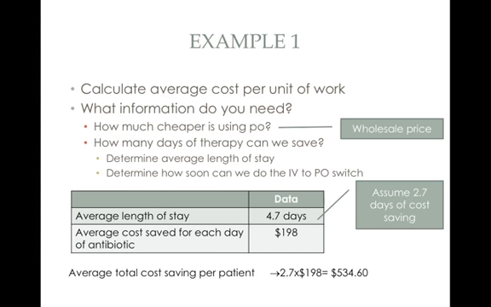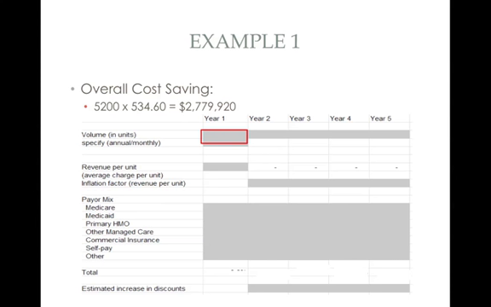Inputs and data used for these numbers should be accurately and appropriately referenced in order to be convincing, preferably with local data before overseas data. So, for 5,200 patients with an average saving of $534.60, that would mean an annual net cost savings of 2.78 million Hong Kong dollars.